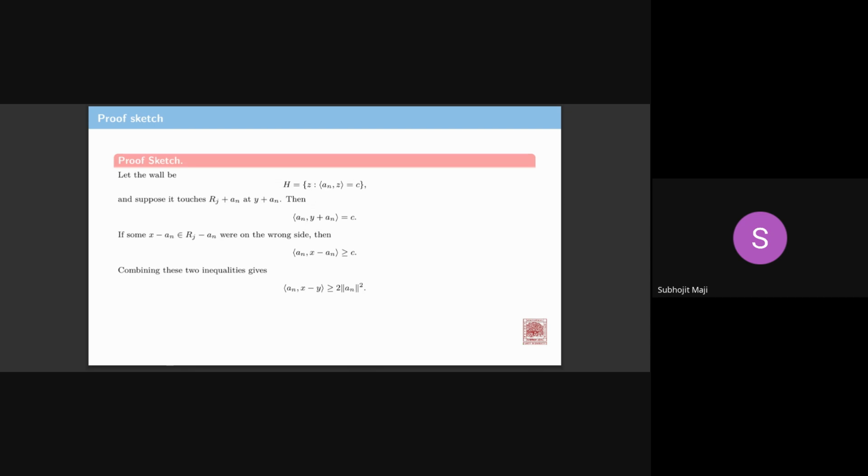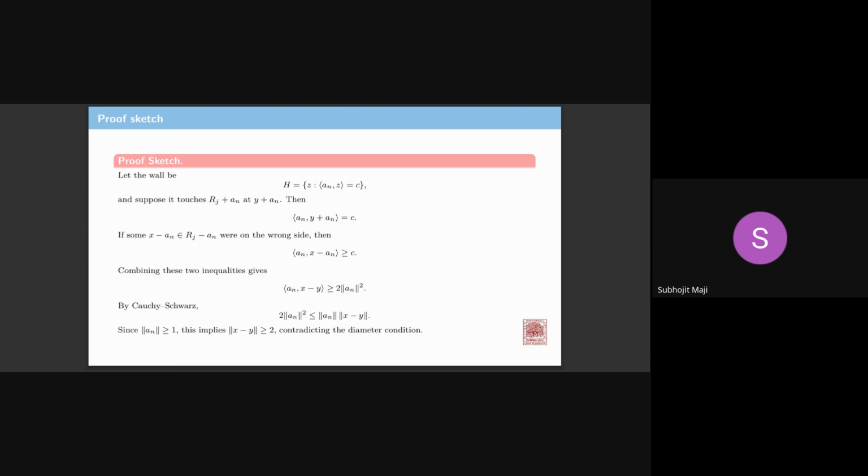Combining this, you arrive at AN dot product with x minus y being greater than or equal to 2 times the norm of AN squared. Now AN was greater than 1, so x minus y is actually greater than or equal to 2, which contradicts the diameter condition if you think about it.